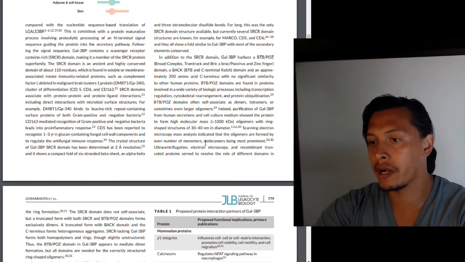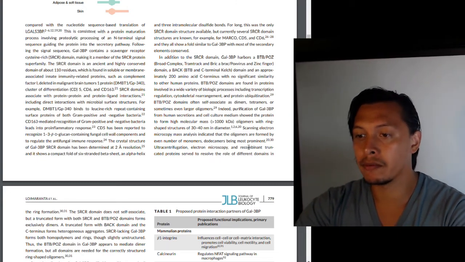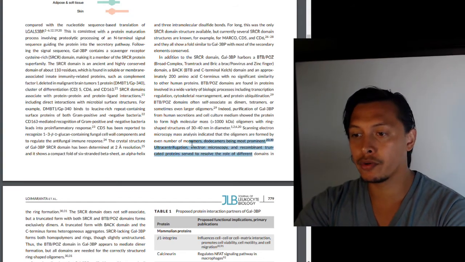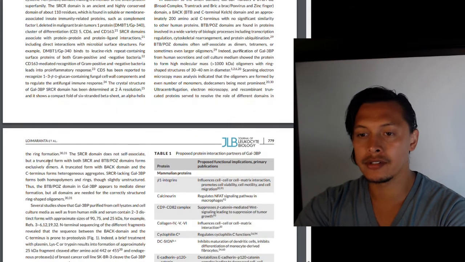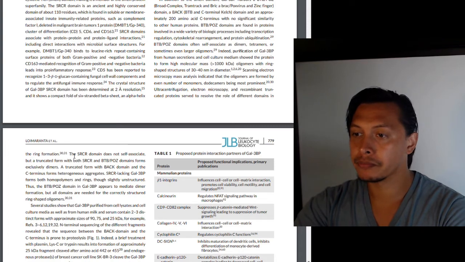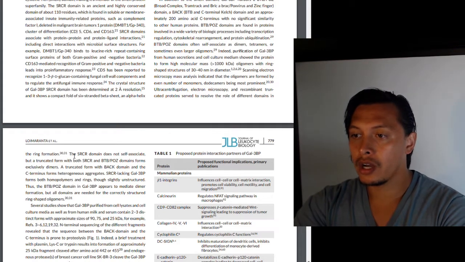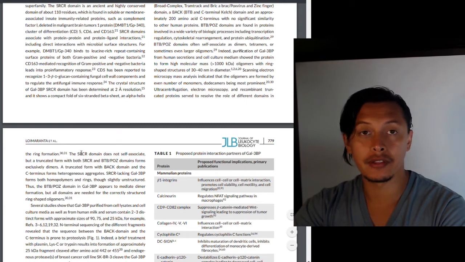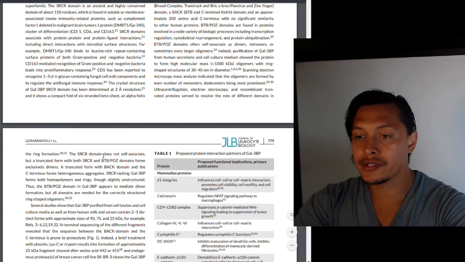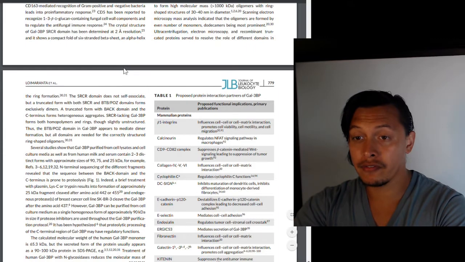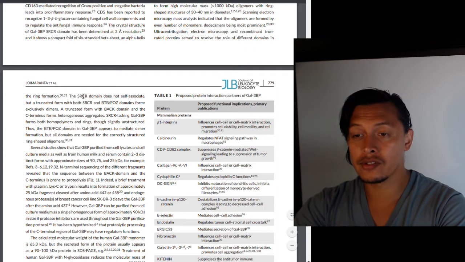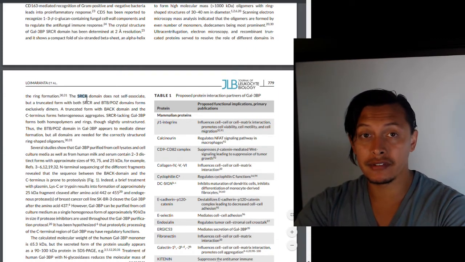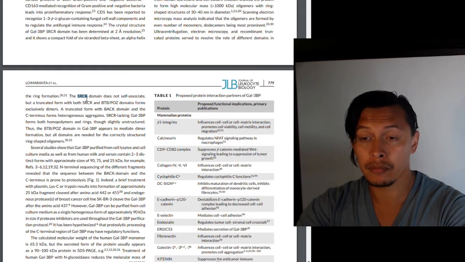Ultracentrifugation, electron microscopy, and recombinant truncated proteins serve to resolve the role of different domains in the ring formation. So yeah, different experiments were done to try to figure out the ring formation. The SRCR domain does not self-associate. So this SRCR domain in and of itself is not able to form these rings.